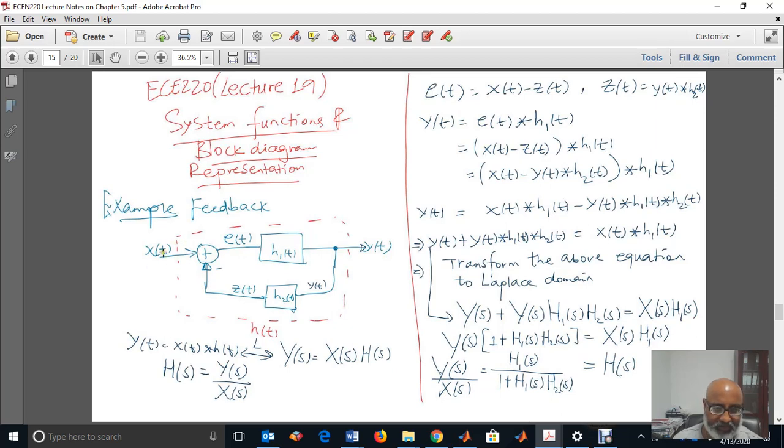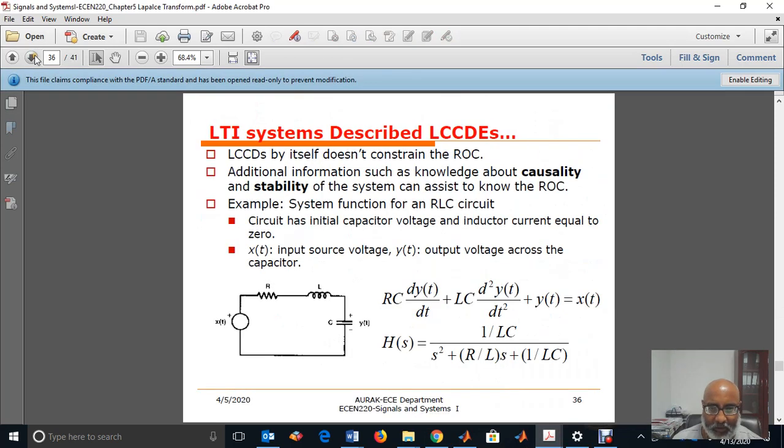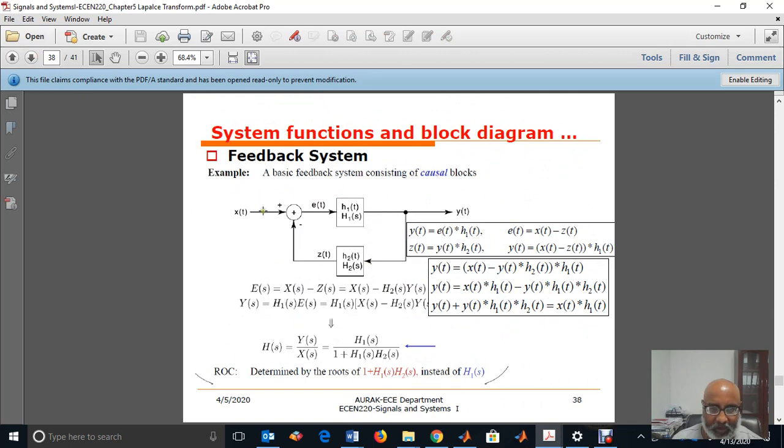For example, if you see this kind of representation, it is called feedback representation. So if I look at a better picture here, what is the feedback representation? I have the system input x of t, which passes through this system h1 of t, and the output is y of t.